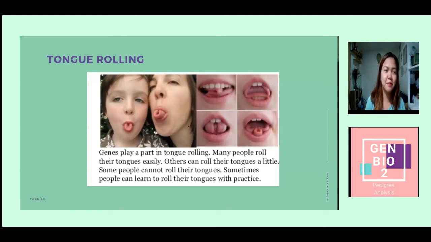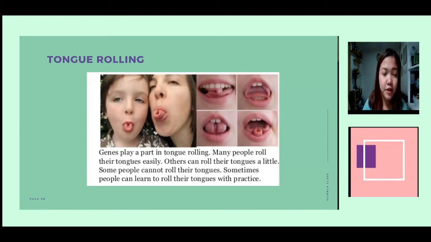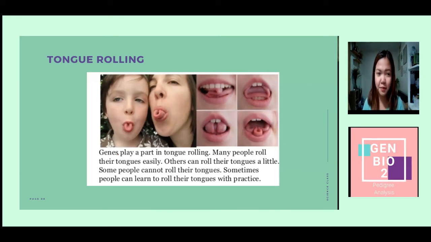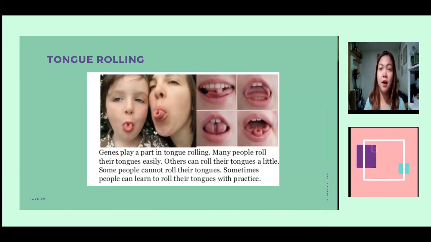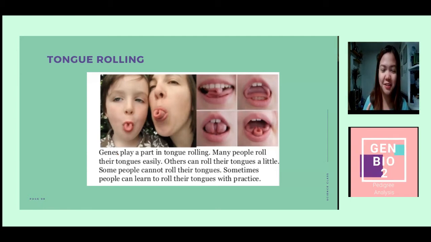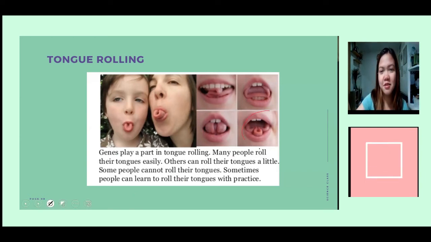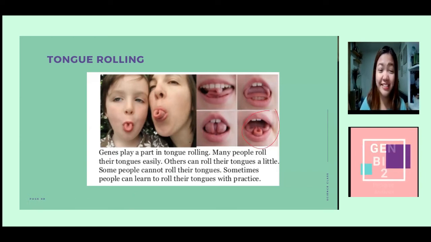Okay, so another example is the trait for tongue rolling. Genes play a part in tongue rolling, so some people are able to roll their tongue. Very basic lang yung kind of tongue roll, but there were students last year, amazing, who can really do it.